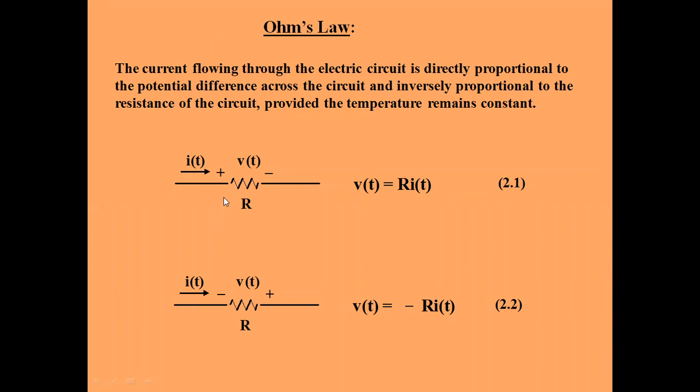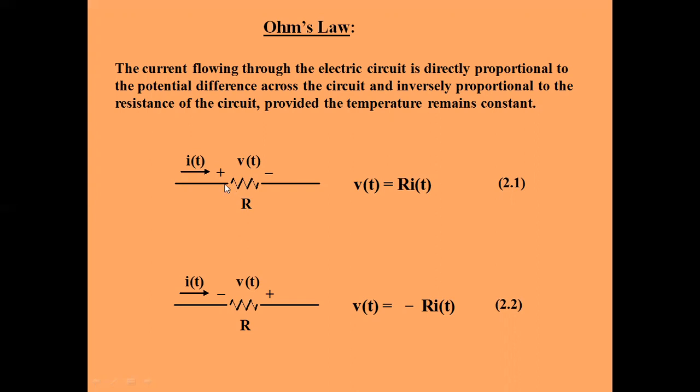So here is one resistance with two terminals, let us say A and B, and the voltage between these terminals A and B is V of t. According to Ohm's law, the current flowing through this resistance is I of t, directly proportional to the potential difference between the two terminals and inversely proportional to the resistance itself.